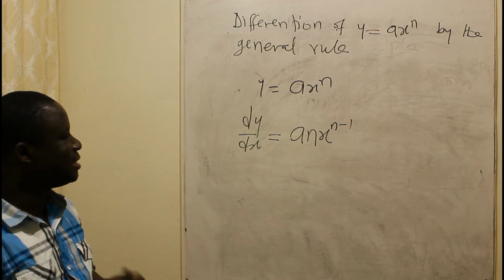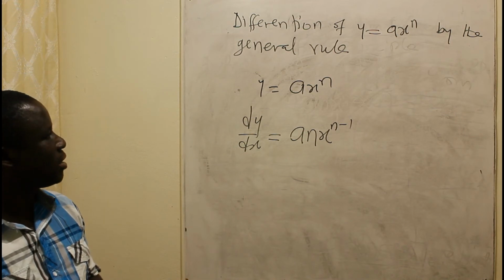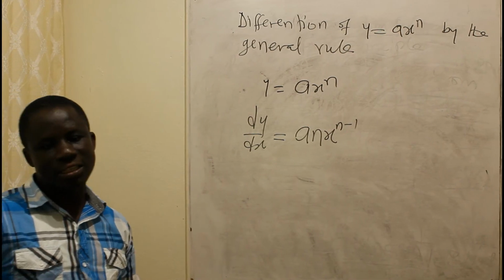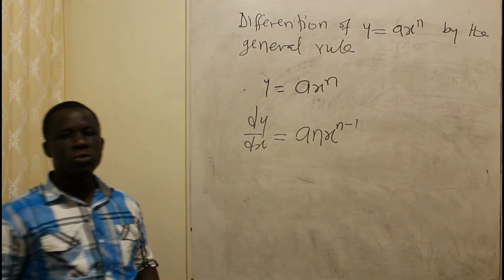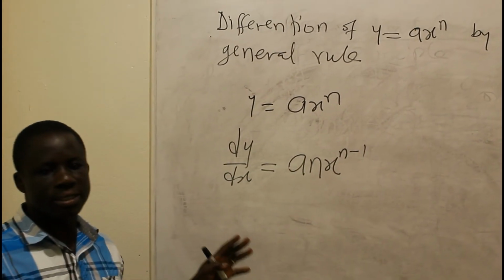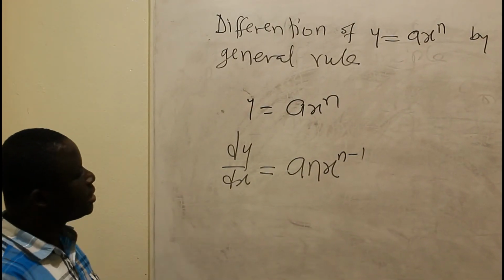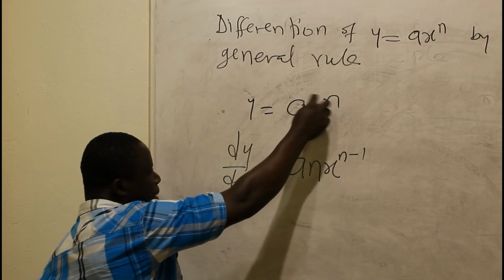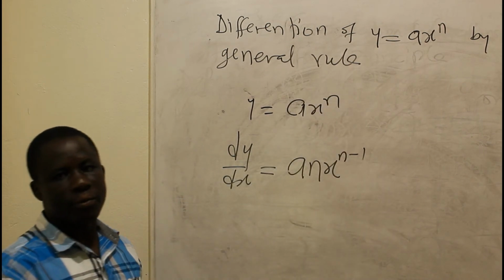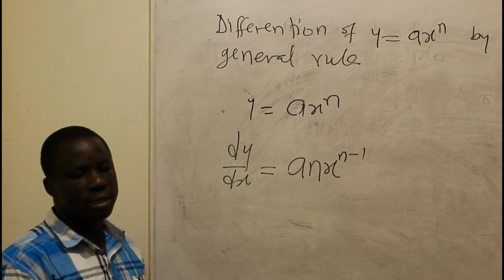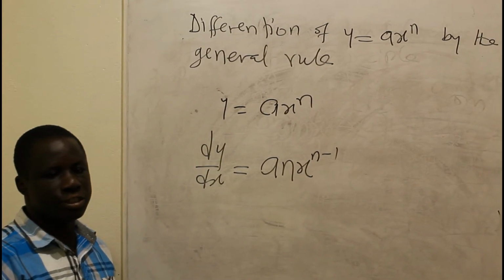So if you are differentiating, and the concept is not about differentiating from the first principle, you don't go through a long process to get the differential coefficient, but just multiply the power and the coefficient, then you take away 1 from the power, and that is differentiation.